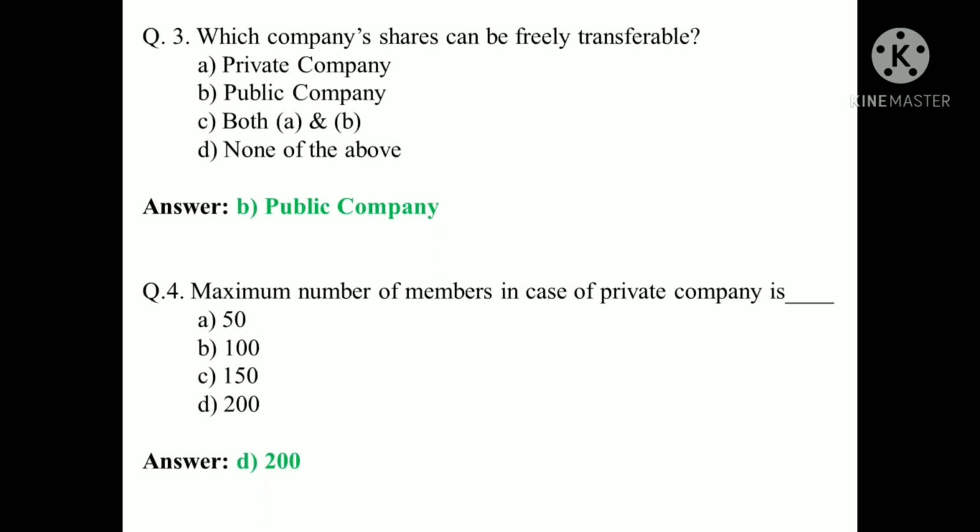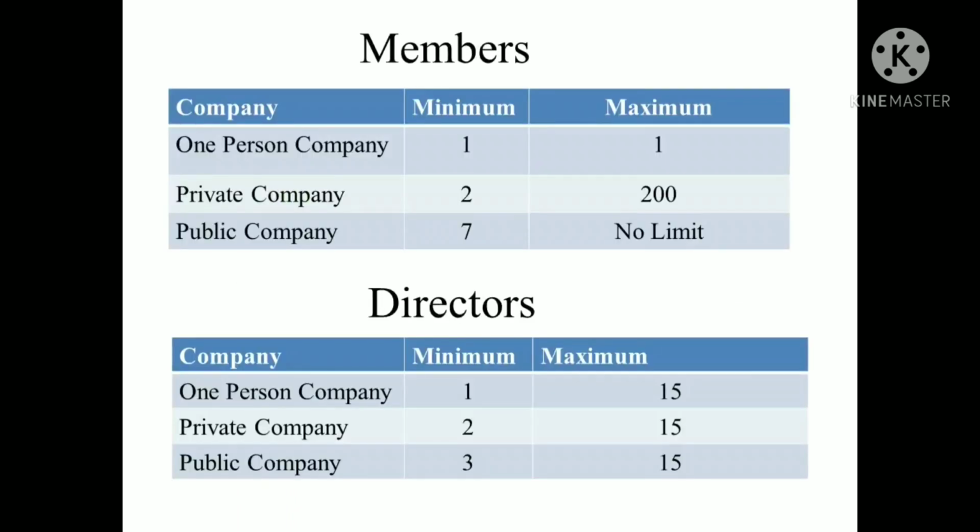In 1956, that figure was 50, but today the present Companies Act 2013 is applicable, and according to Companies Act 2013, in private company there may be a maximum number of members, that is 200. So let's move towards the another few questions.